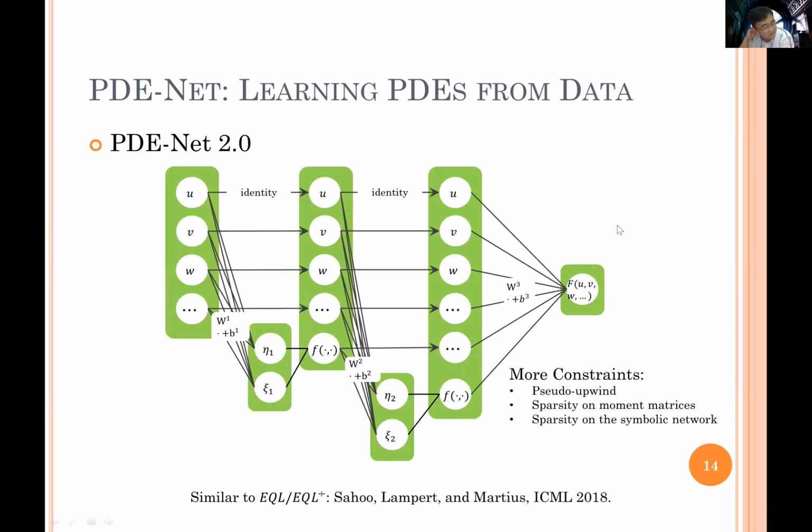So what is this symbolic network? It's actually inspired by work in ICML 2018. We have a simplified version of a symbolic network, where this network takes input of the variables u, v, w, for example, we have 3 variables, and also all their partial derivatives.